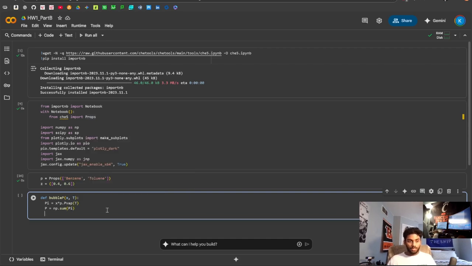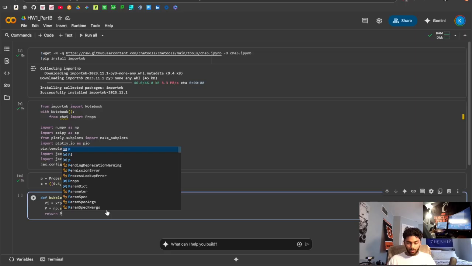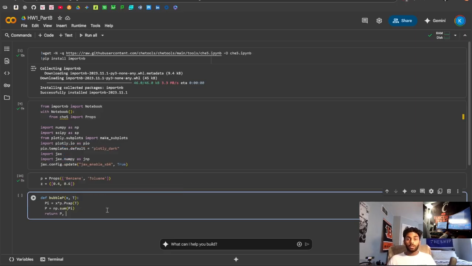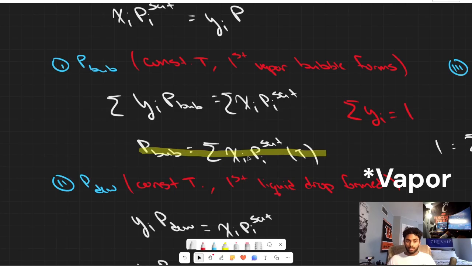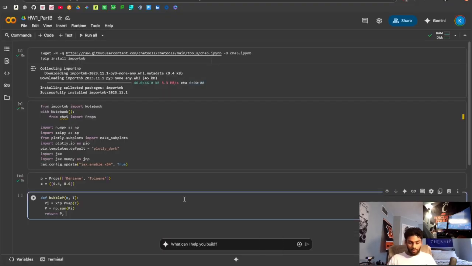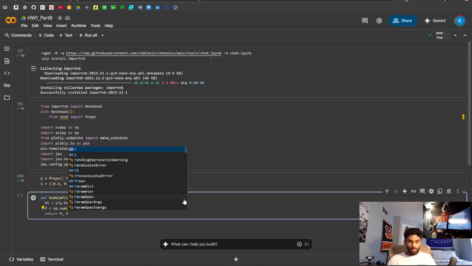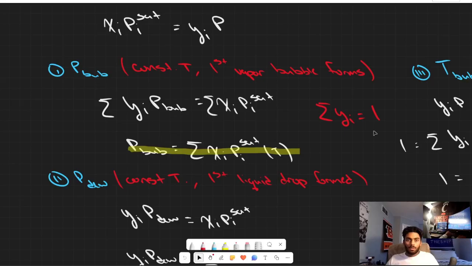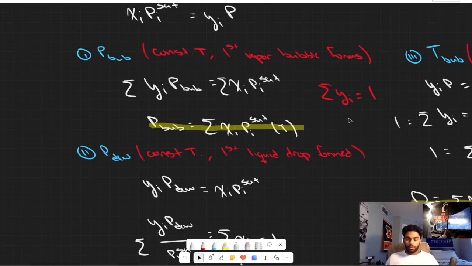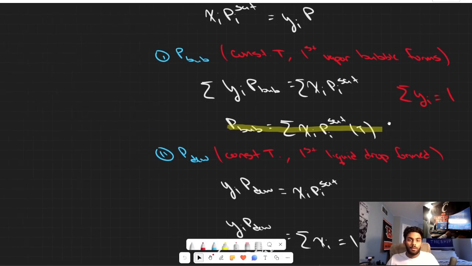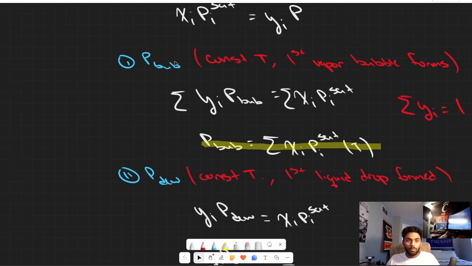Of course we want to return the bubble pressure, but we also want to return the mole fractions, which we can easily get by dividing by the bubble pressure. So we'll go something like Pi over P. I want to take a quick second to make it a little more clear what I meant. When we do this bubble calculation, we already know what our liquid phase mole fractions are. That's an input of our function. So what we want to output is actually our vapor phase mole fractions.